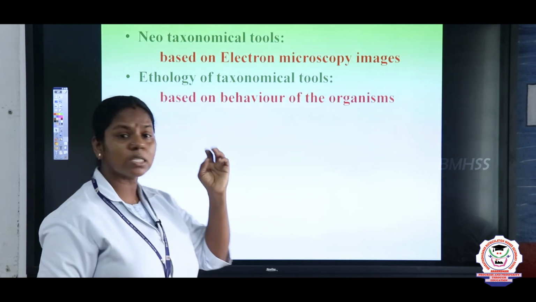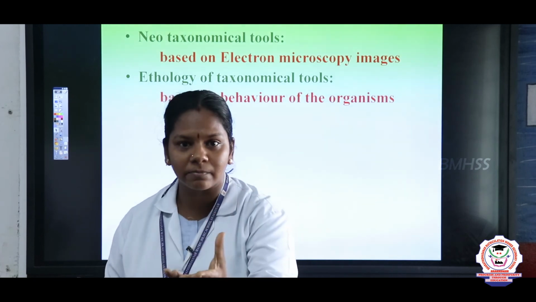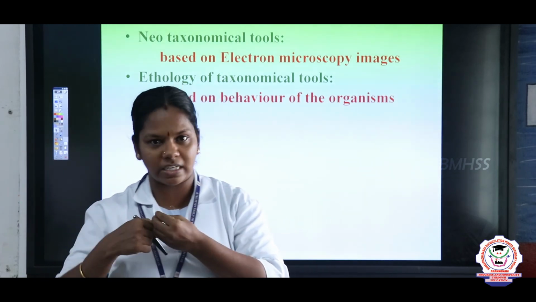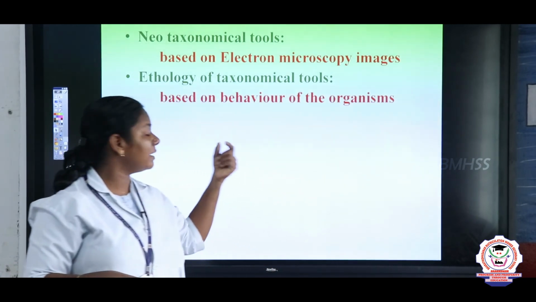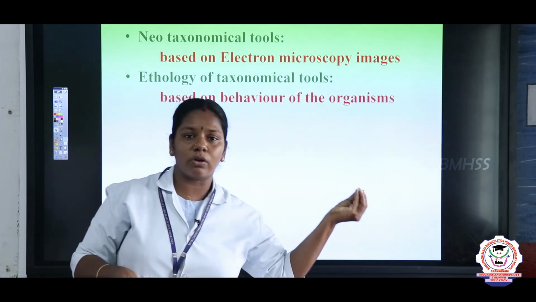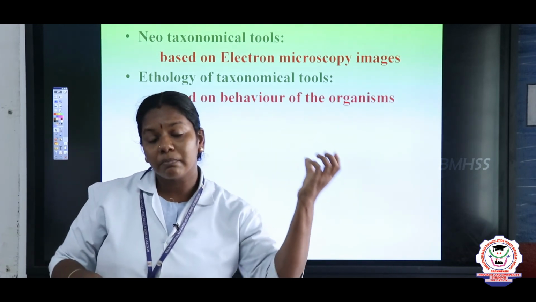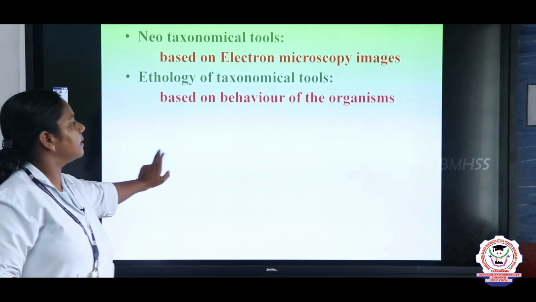And for example, squid, you all know the squid, right? It produces some ink. It squirts the ink at a predator. So every organism has a certain behavior. And the sound of birds: by hearing the sound, we can identify the birds. The study of behavior is ethology.